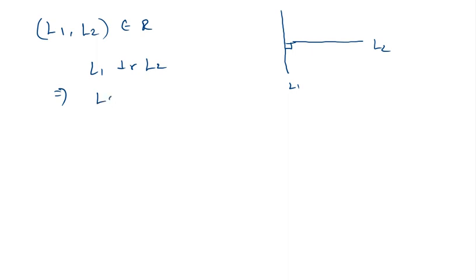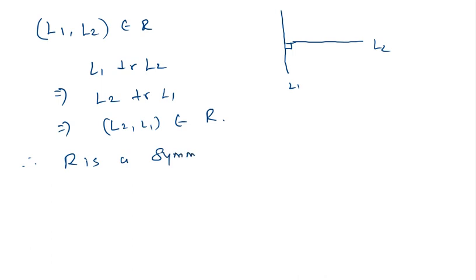This implies L2 is also perpendicular to L1, and we can conclude L2 comma L1 is also an element of the same relation R. Conclude R is a symmetric relation.